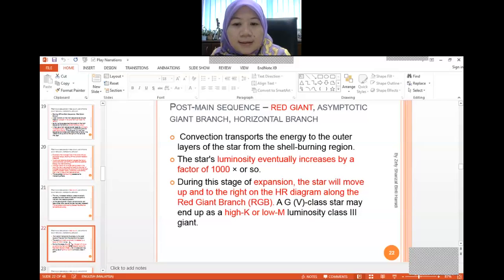And in this case, in terms of the spectral class, there is a class of high K and also low M, with the luminosity class of 3. This is a class of luminosity classes.